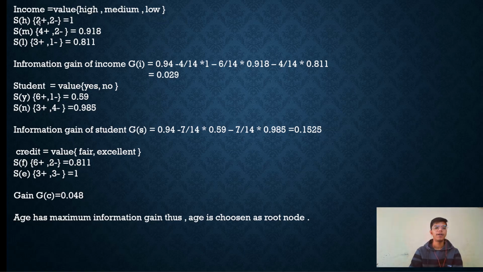You can see that I have mentioned their contribution. When we find it, the entropy of high will be 1, the entropy of medium will be 0.918, and the entropy of low will be 0.8118. The total information gain of income will be 0.029.